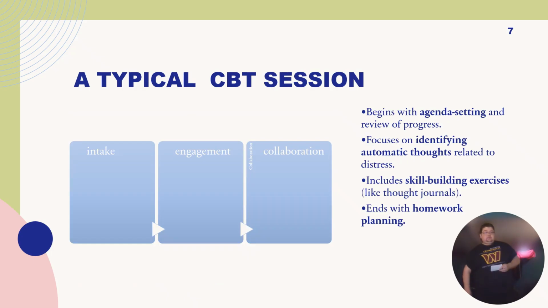Moving on here, we're going to look at a typical CBT session. It begins with agenda setting, and focusing on the automatic thoughts, learning the tools to deal with these problems, like journaling, and then becoming aware of our own inadequacies, as it were.